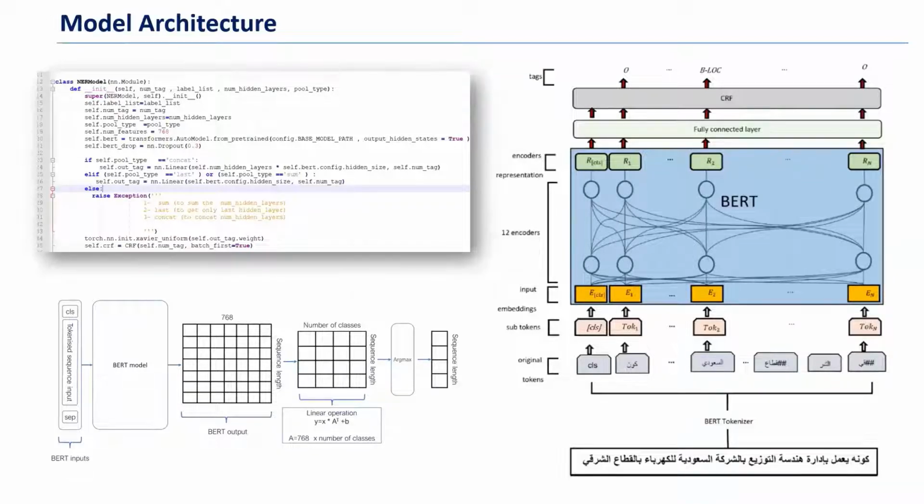Our model, as you can see, consists of 3 main layers. The first one is the BERT layer, the second is the fully connected layer, and the last one is the CRF layer. As you can see here, the BERT takes the input and tokenizes it.